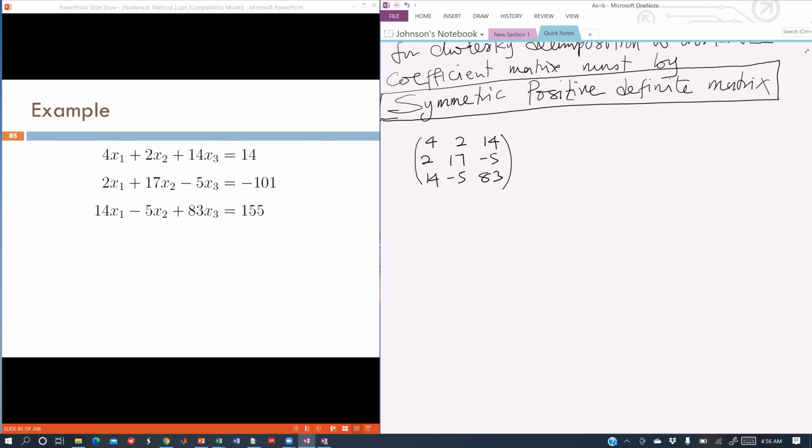Clearly, everyone can see that this is a symmetric matrix. So the first condition is satisfied, it is symmetric. For the positive definiteness, we can first of all look at this number, and it is positive.